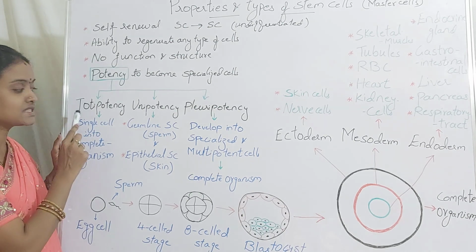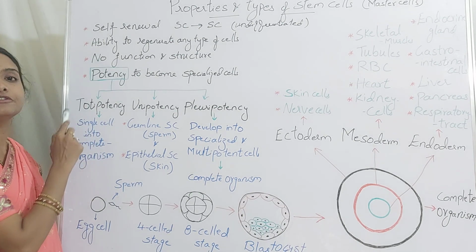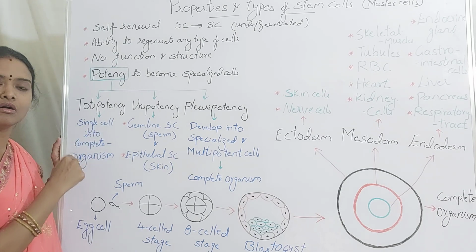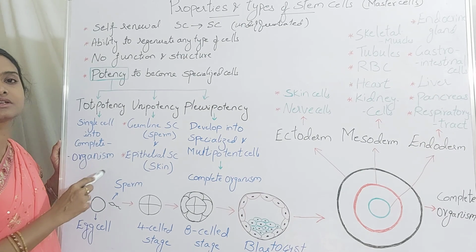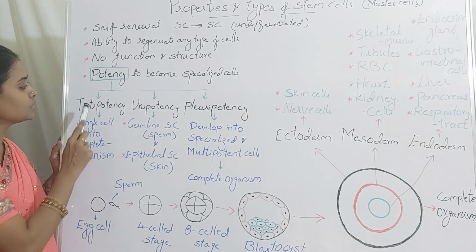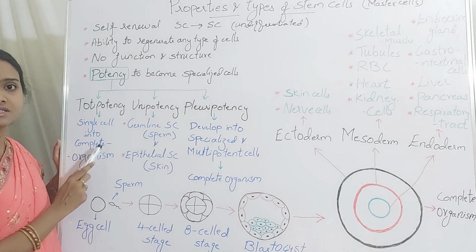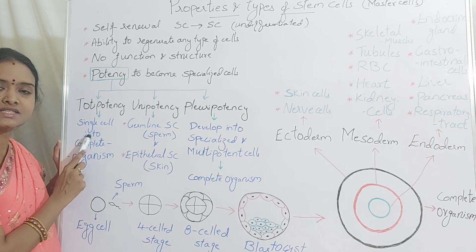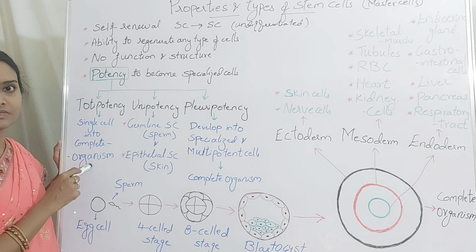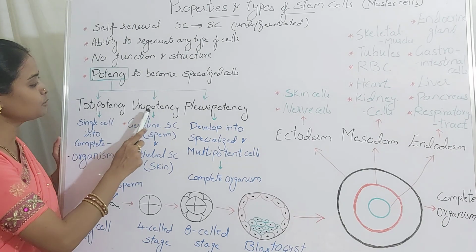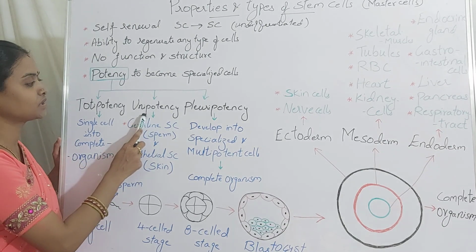So the single stem cell will differentiate to form all the types of organs, tissues, everything present in the organism. So totipotency is referred to as the ability of a single cell to get transformed into a complete organism. Is that clear?